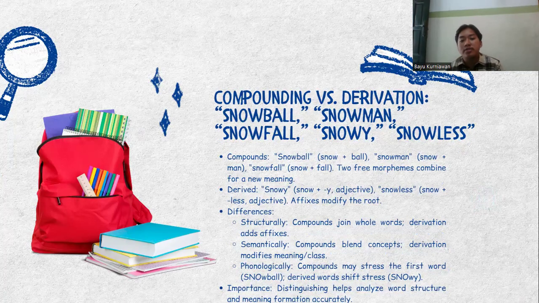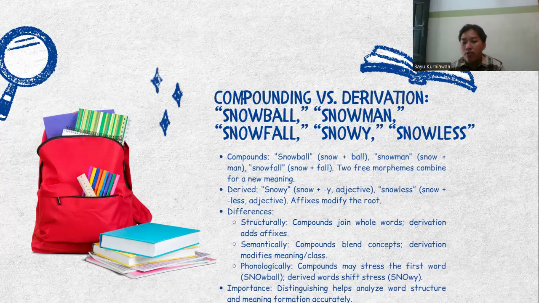Compounding versus derivation. Snowball, snowman, snowfall, snowy, snowless. The compounds: snowball, snow plus ball; snowman, snow plus man; snowfall, snow plus fall. Two free morphemes combine for a new meaning. Derived: snowy, snow plus y, an adjective; snowless, snow plus less, an adjective.